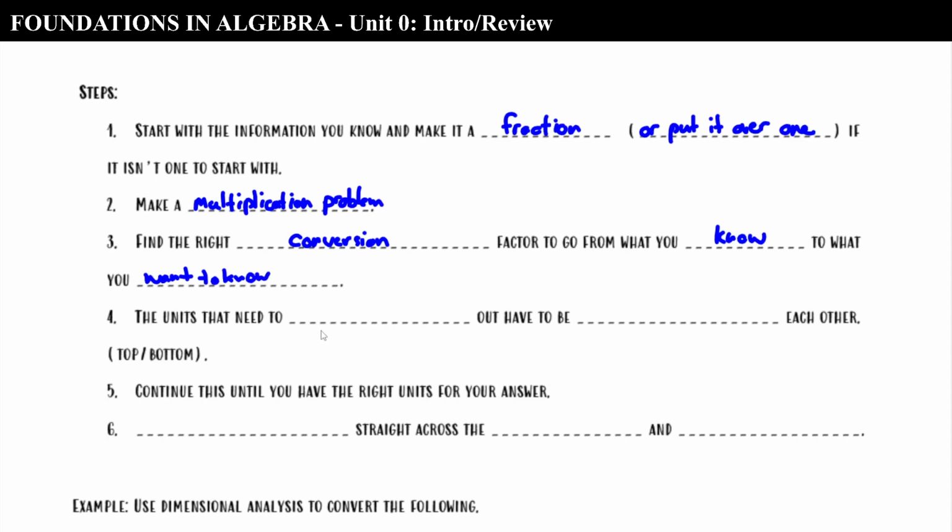The units that need to cancel out have to be equal to each other. Then we continue this until we have the right units for our answer. Then you take the numbers and multiply straight across the top and the bottom.